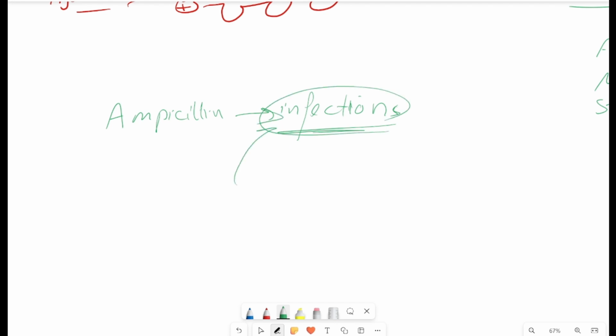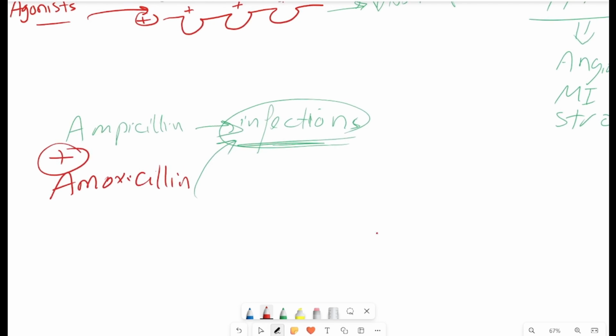I tried to use another medication. So my suggestion, for example, I'm thinking about adding amoxicillin. Do you think this is correct? If you said this is not correct practice, you are right.